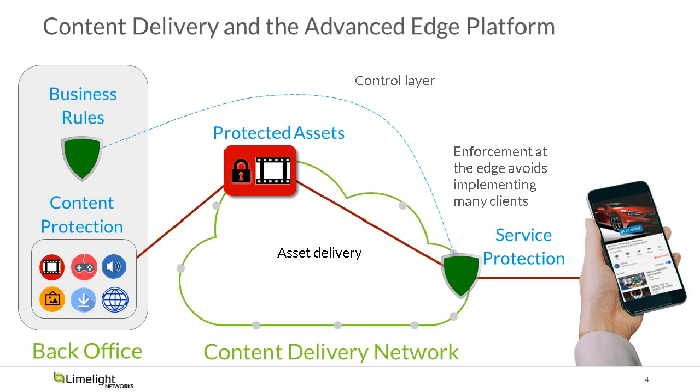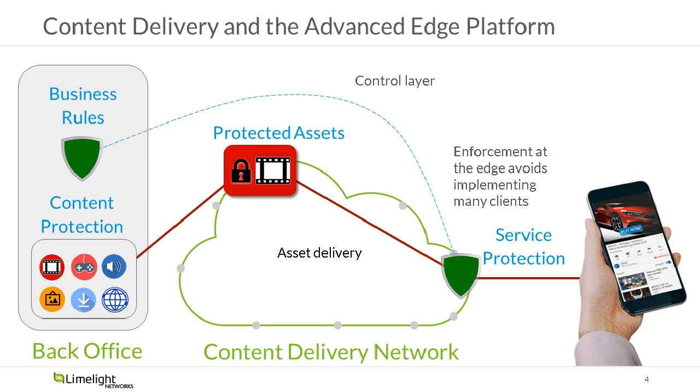And then we're introducing this idea of a control layer, which is really when you get a request for a streaming video, for example, there's more to it than just sending the video. You need to have this control layer where it says, is this person authorized to access? And then to do that enforcement at the edge, which avoids implementing in many different clients.